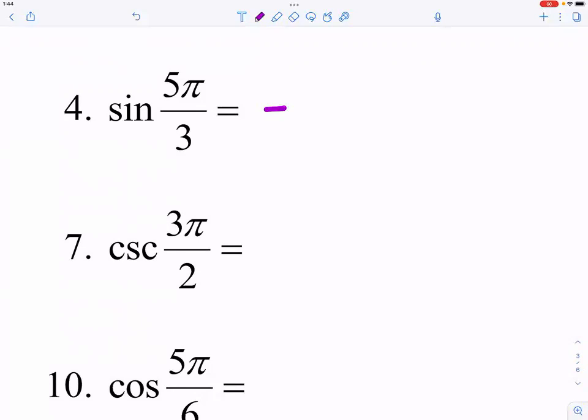And then what's the reference angle? π/3. So basically we are thinking about negative of sine π/3. You look at the table, since for the moment you don't have it memorized. What's sine π/3? √3/2. Done.